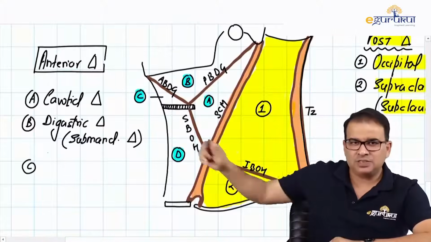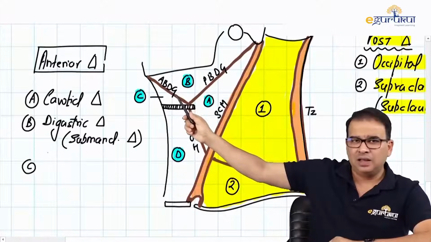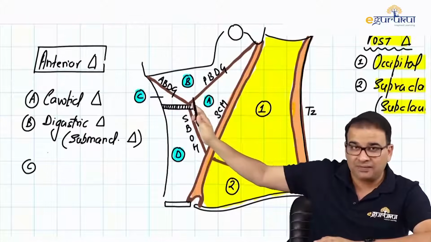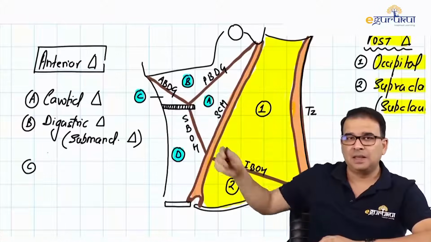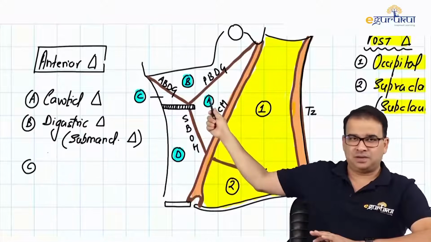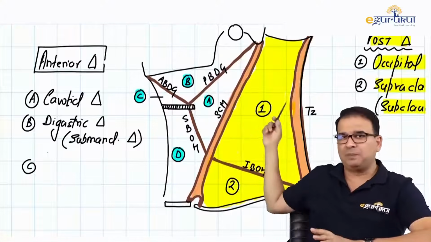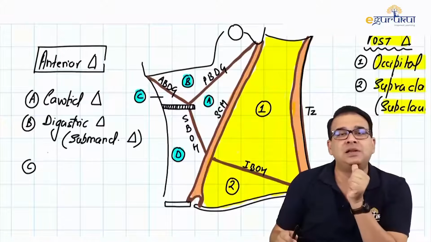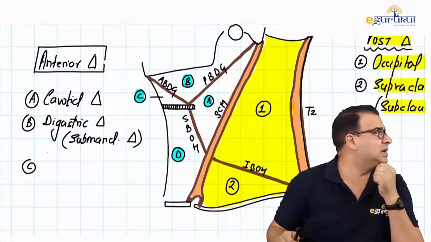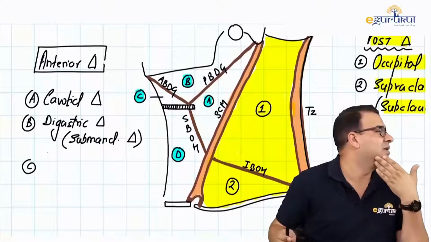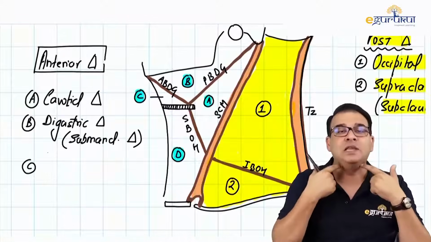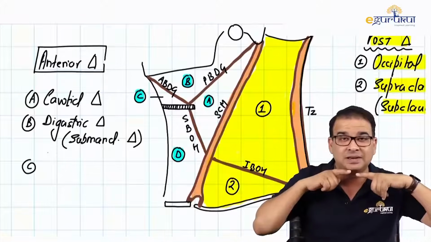Triangle C. Now this triangle is a very, very small triangle, and this is the only triangle in the side of the neck which you can see only half when you see from the side. The rest you have like complete carotid triangle, complete digastric triangle, complete posterior triangle you can see on the side. But this triangle which is present here below the mental protuberance, you can only see the half of this triangle when you see from the side, because this triangle is present between the two anterior bellies of digastric of the right as well as left side.